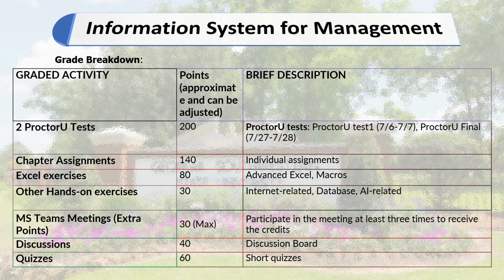Then grades, the different components. This summer, we're going to have two proctored tests, and as you can see, those are already scheduled. And chapter assignments are pretty much individual assignments each week. Then we have Excel exercises and other hands-on exercises. Most of them are activities where you can get some extra points.